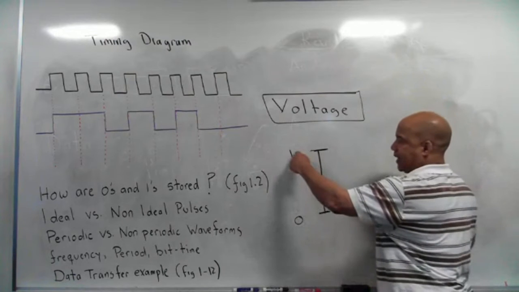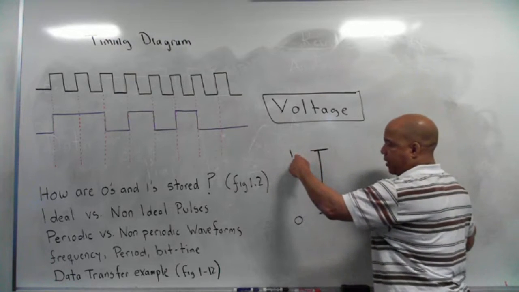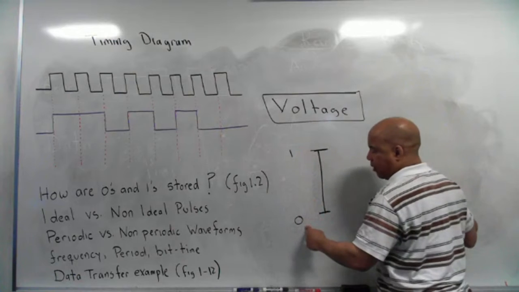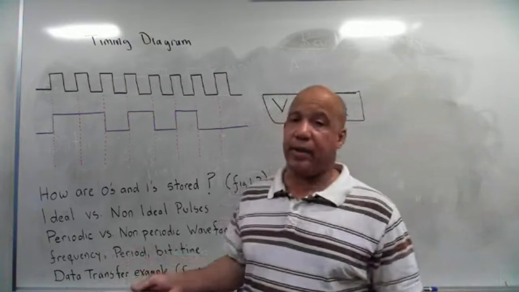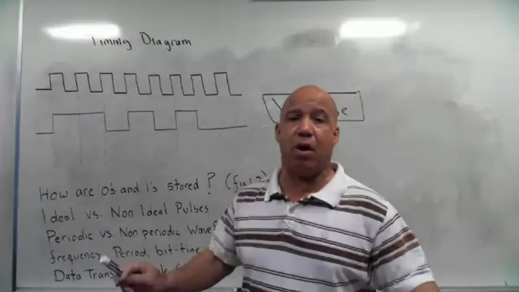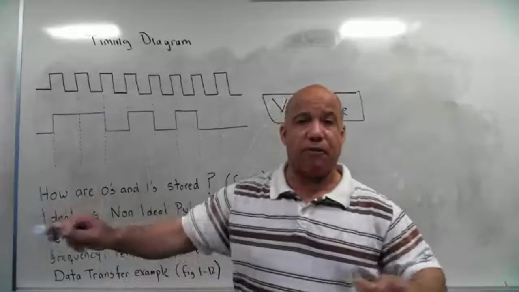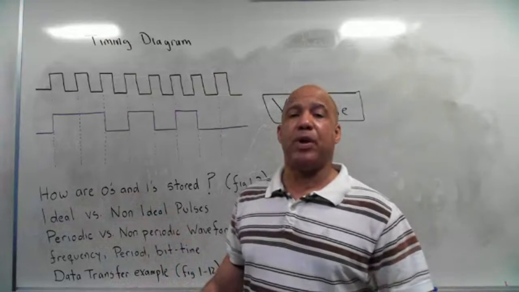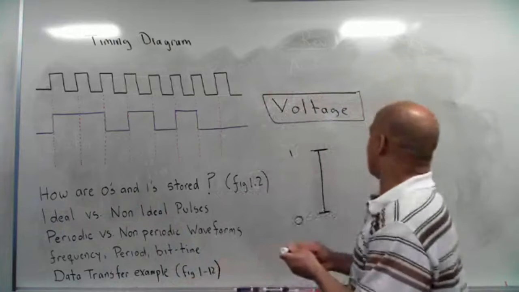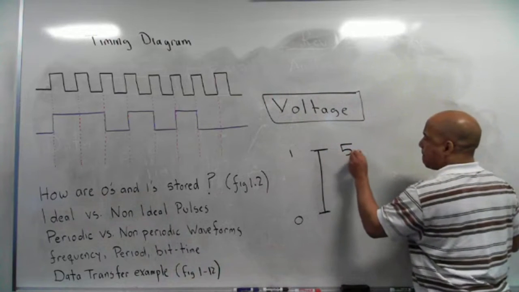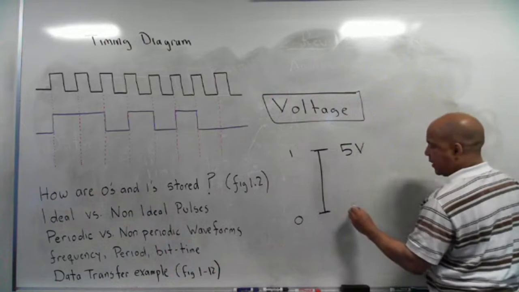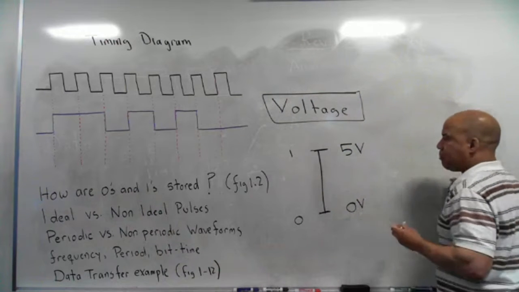So these are binary number 1 and binary number 0. The actual amplitude of voltage you use is arbitrary. It doesn't matter. You can use whatever you want as long as there are two different voltages. Typically what we do, we use these standard values of 5 volts and 0 volts.